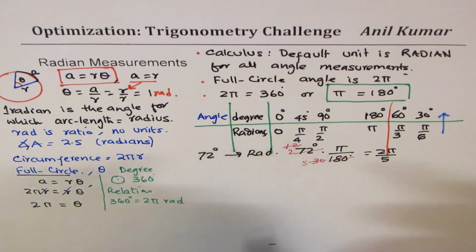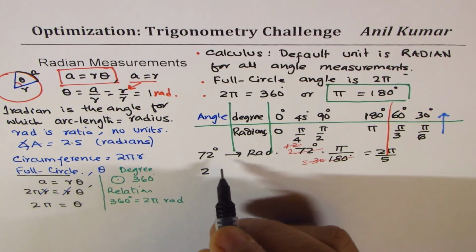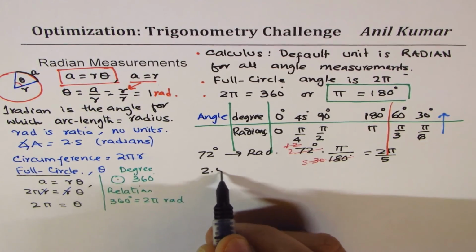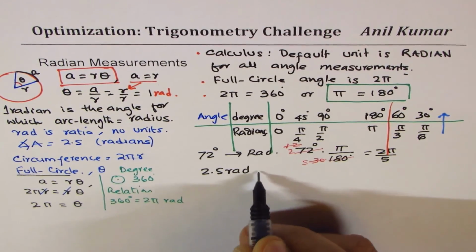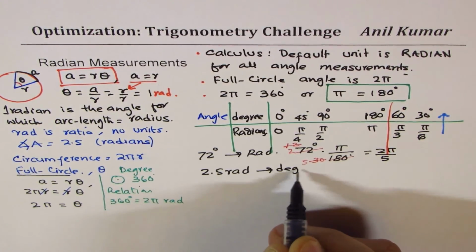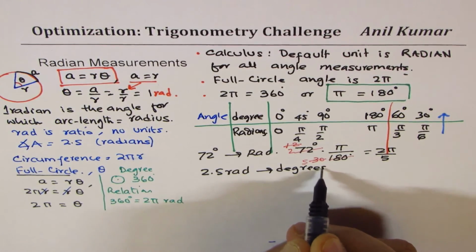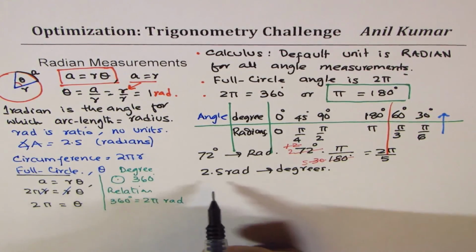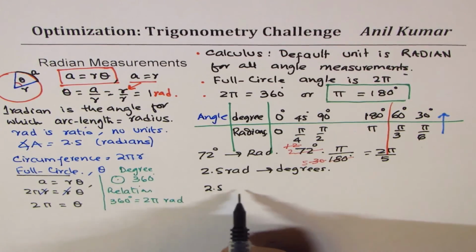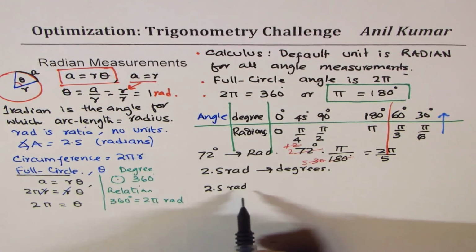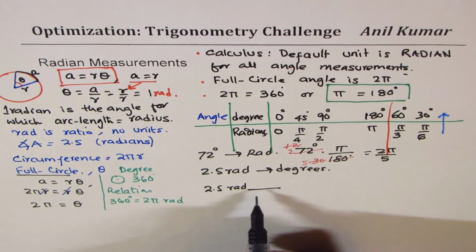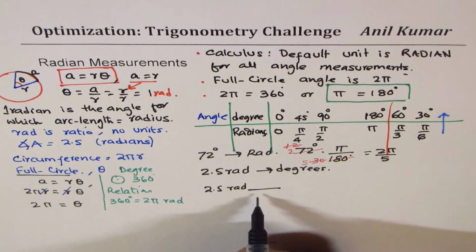Correct? Now, if I say, let us say 2.5 radians, and you have to convert to degrees, how will you do it? Well, the easy way here is, you know it is 2.5 radians. You have to multiply by a factor which has radians in the denominator.